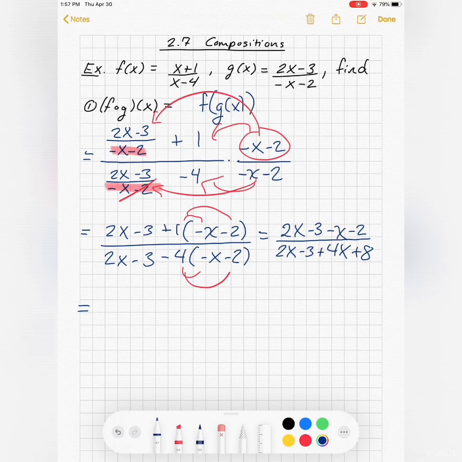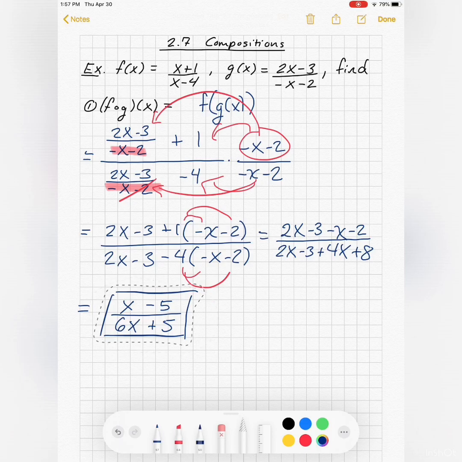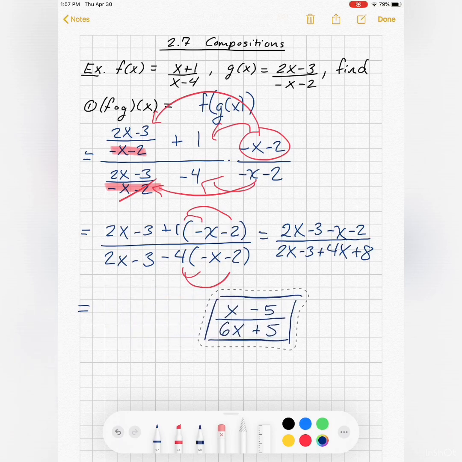Let's see, 2x minus x, x minus 5. 6x plus 5. Okay, so what is this? This is my f of g of x, my composition of the functions f and g.